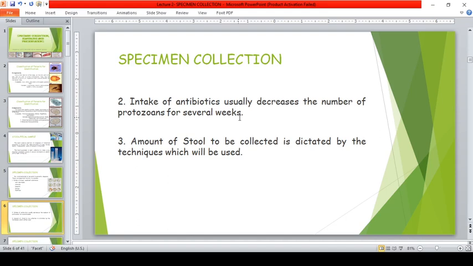Okay? So, amount of stool to be collected is dictated by the techniques which will be used. So, kapag routine examination, usually pea size, yung parang sobrang liit lang yung green peas na size, yan lang siya kaliit, or thumb size na specimen of stool. Okay? If that is formed.